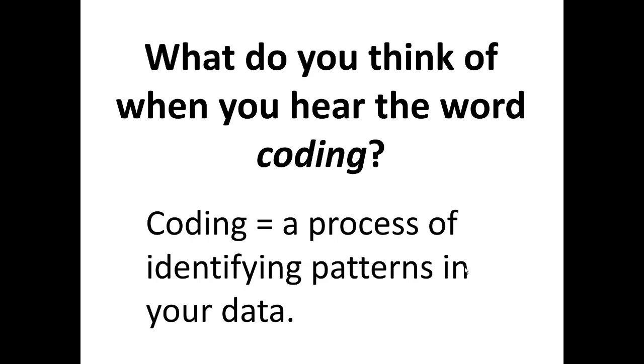And then when you identify a pattern, you apply a name or a code to that pattern so that you can then see it when it happens, as well as see it when it doesn't happen and see how frequent it is. And does one code often occur with another code? So are there co-occurrences of codes?